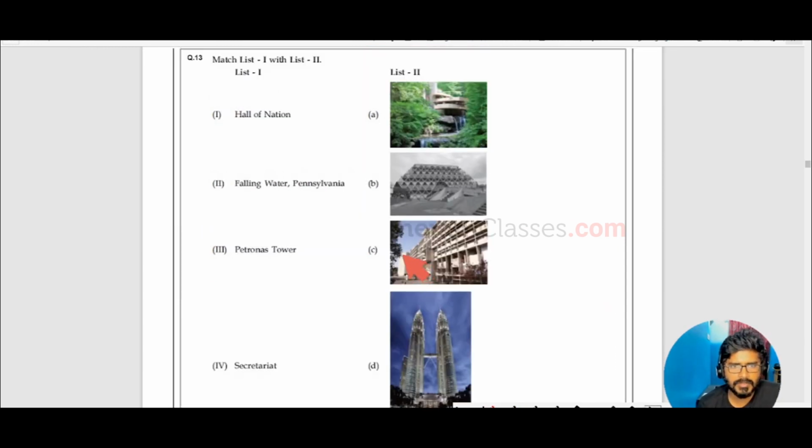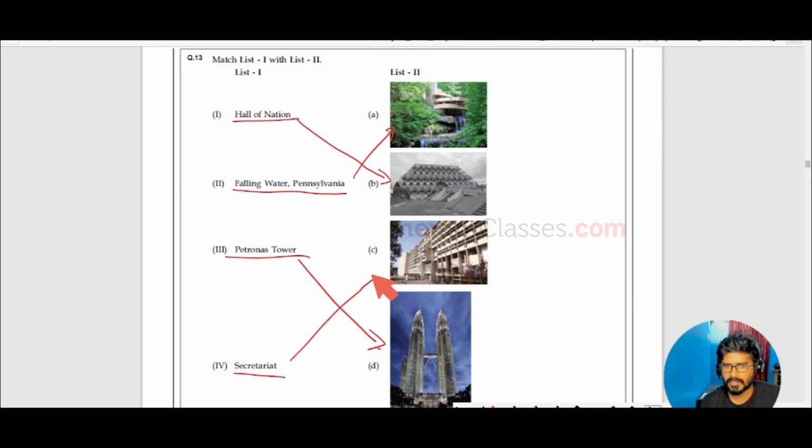So now question number 13. This is the same as the 12th question. We need to match the names of the place with the images. Okay. Hall of Nations, we can see that this is over here. So this is designed by Raj Rewal, and Falling Waters in Peninsula by F.L. Wright is here, and Petronas Twin Tower by Cesar Pelli is here, and Secretariat Building by Le Corbusier is here.